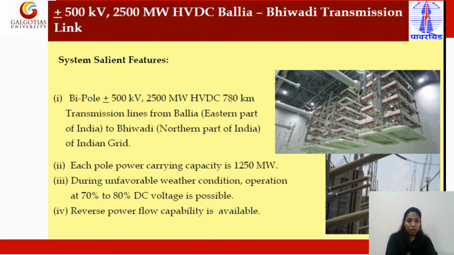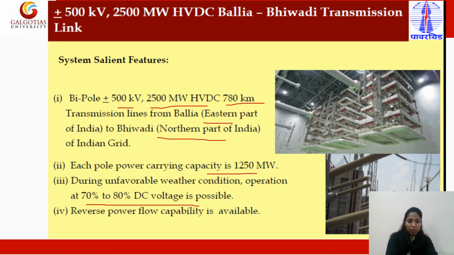Now the features of this project: it is a bipole plus minus 500 kV, 2500 megawatt HVDC, and the transmission line length is 780 kilometer, from Balia to Bhiwadi. Balia is in the eastern part of India and Bhiwadi is in the northern part of India. Each pole's power carrying capacity is 1250 megawatt, and during unfavorable weather conditions, operation at 70% to 80% DC voltage is possible.